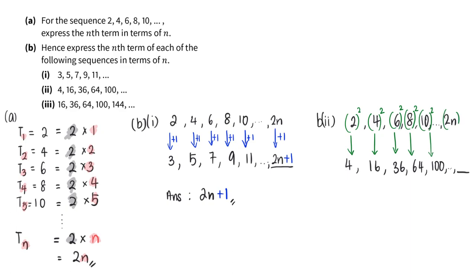So what do you think we need to do to the nth term? Yes, we just need to square it: 2n times 2n, 2 times 2 is 4, n times n is n squared. And therefore, the answer for B part 2, the nth term, will be 4n squared. Done.